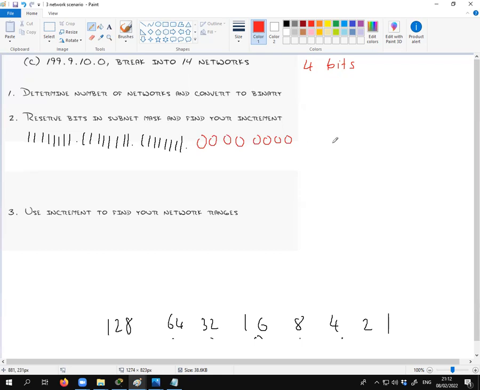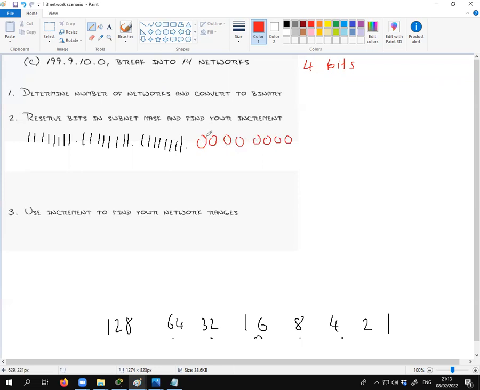So what do we want to do? We're looking for 4 bits of networks. So we need to convert 4 of these zeros into networks, because we're looking for 14 extra networks. But we have to take from something, so we're taking from the host bits.